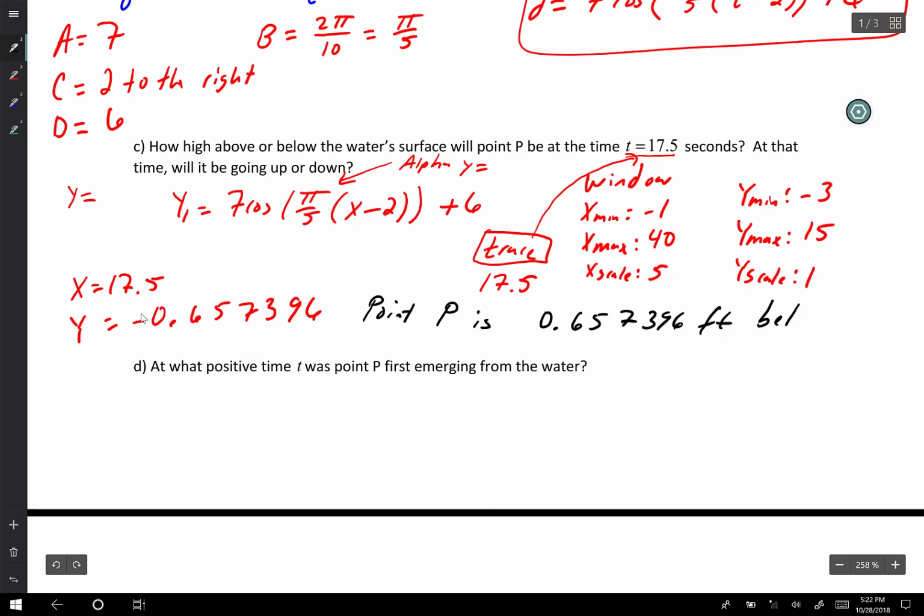Point P is 0.657396 feet below the surface of the water, period. And it is going up. Point P is going up. And that's it, guys.